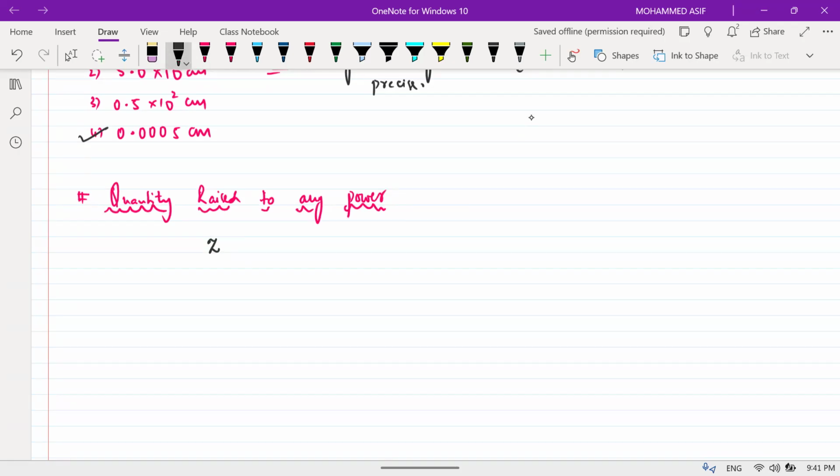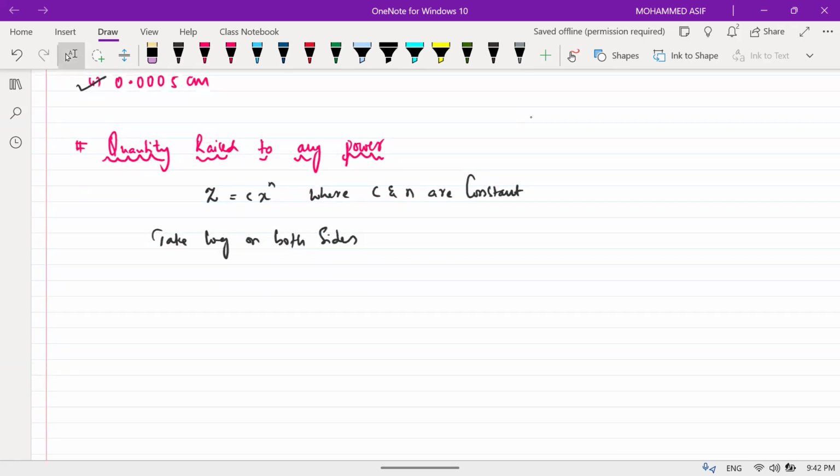Like say for example, Z is equal to c x power n, where c and n are constants. What do you do? Take log on both sides and simplify. Just for understanding, I'm doing this rather than directly remembering the relation, as it is better after deriving it.